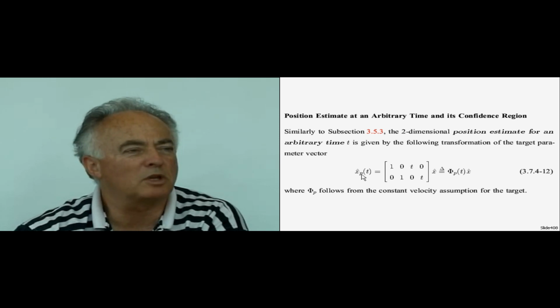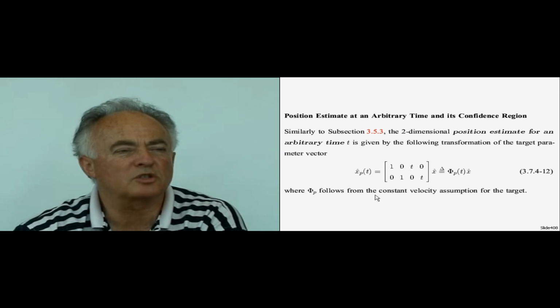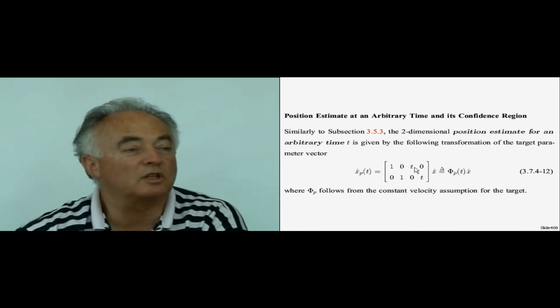Notation is somewhat ambiguous. So that the predicted location, position, at some arbitrary time t is given by the product of this matrix phi sub pt x hat, which follows from the constant velocity assumption of the target as indicated. Pick up position, pick up velocity in each coordinate separately.